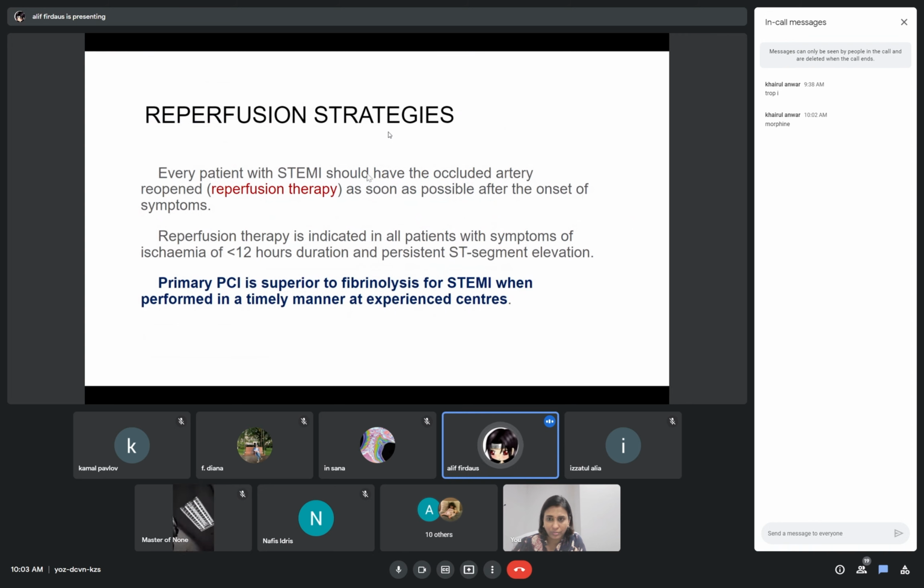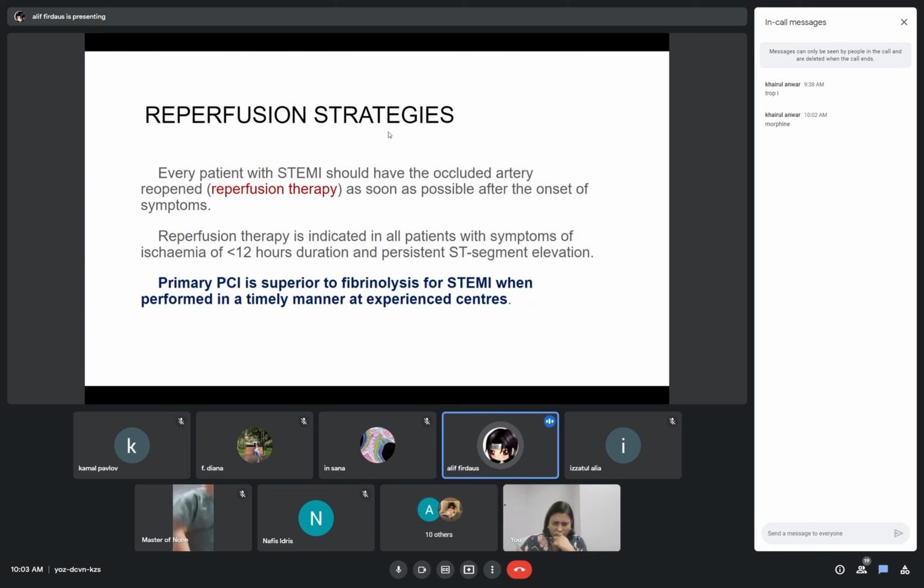So, the PCI, we want to reperfuse the heart as soon as possible. So, what is the aim of reperfusion? Reperfusion therapy is indicated in all patients with symptom of ischemia less than 12 hours and persistent ST segment elevation.